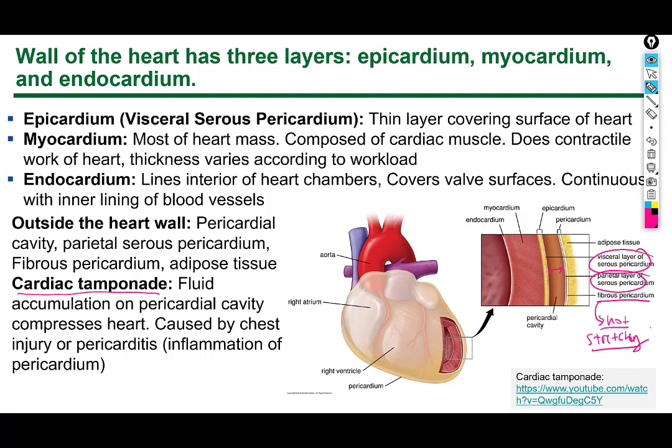Because it's not stretchy, if there's any stuff that builds up in the pericardial cavity, it means that the heart can't expand as well as it ordinarily would be able to, which means that it can't fill, and the heart can only pump what it fills with, so it impairs cardiac efficiency pretty fast.